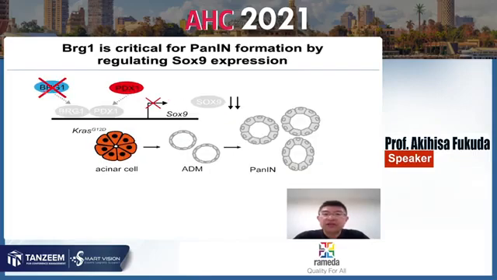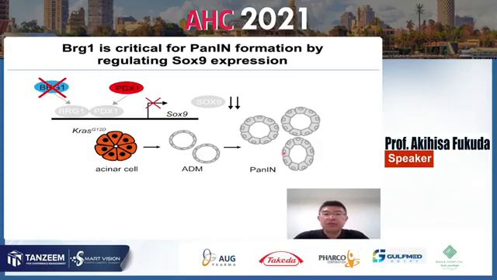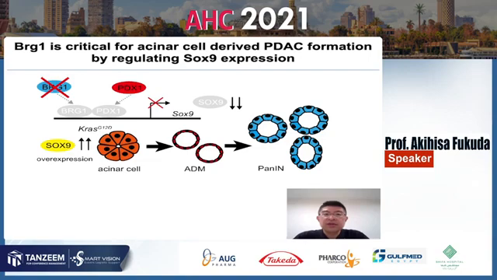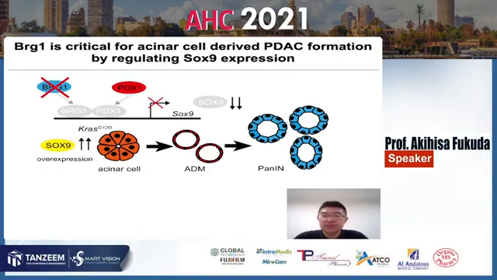In the absence of BRG1, the recruitment of upstream factors to the SOX9 promoter is compromised, and SOX9 expression is not upregulated, so acinar cell-derived ADM and PanIN formation is blocked. SOX9 overexpression accelerates ADM and PanIN formation and cancels the BRG1 knockout phenotype. The BRG1-SOX9 axis is critical for acinar cell-derived PDAC formation.